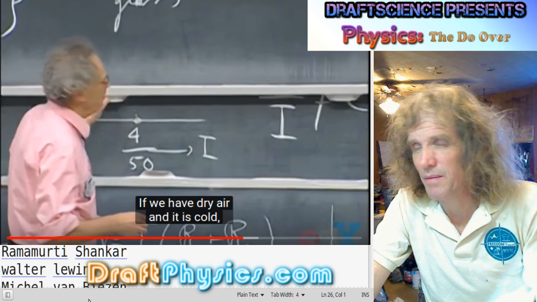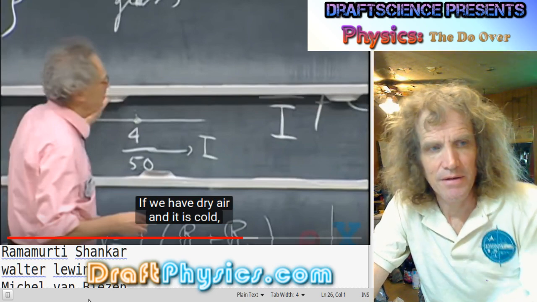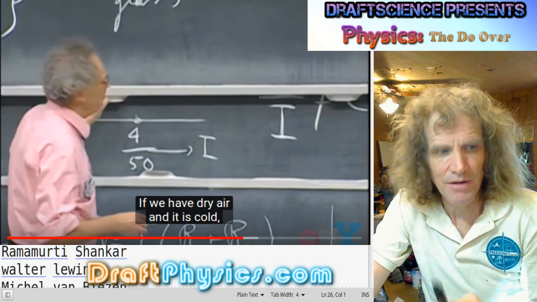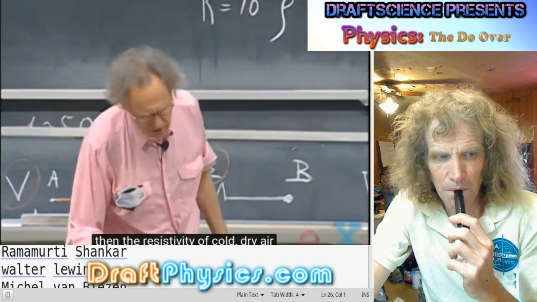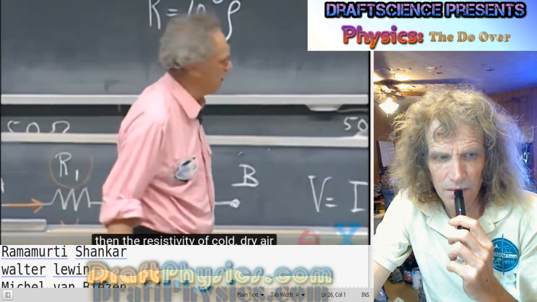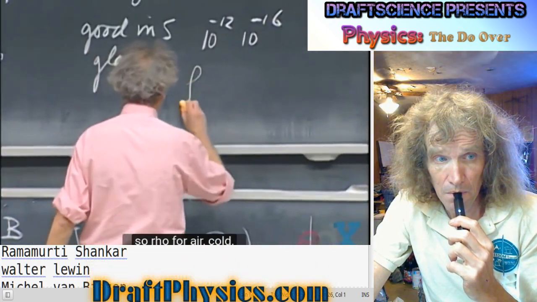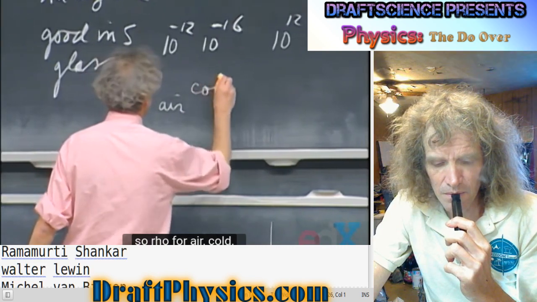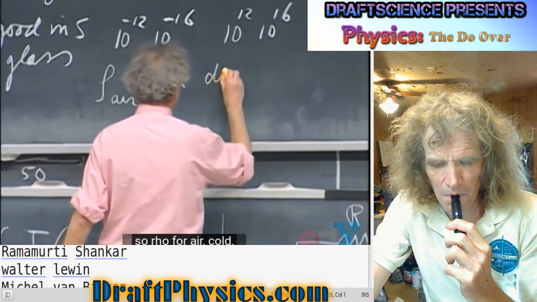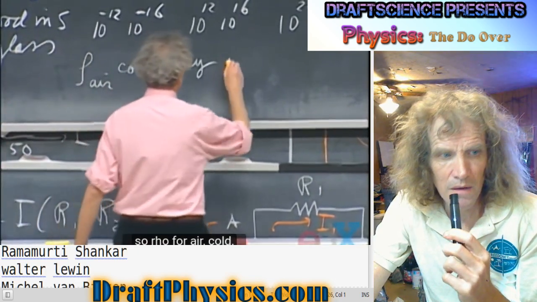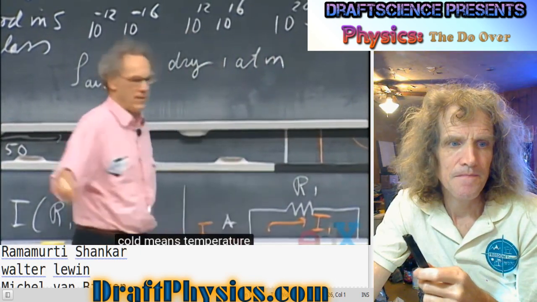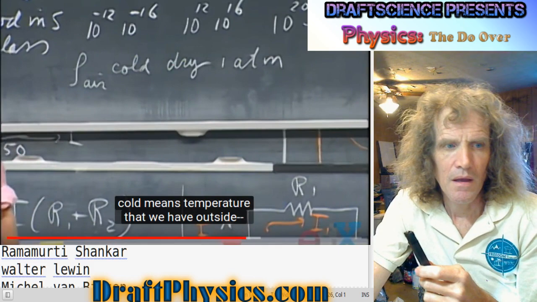Well, I guess it is in a way, but it's like a half a carrier. The real carrier is the atoms. Then the resistivity rho of cold, dry air at 1 atmosphere. Cold means the temperature that we have outside.